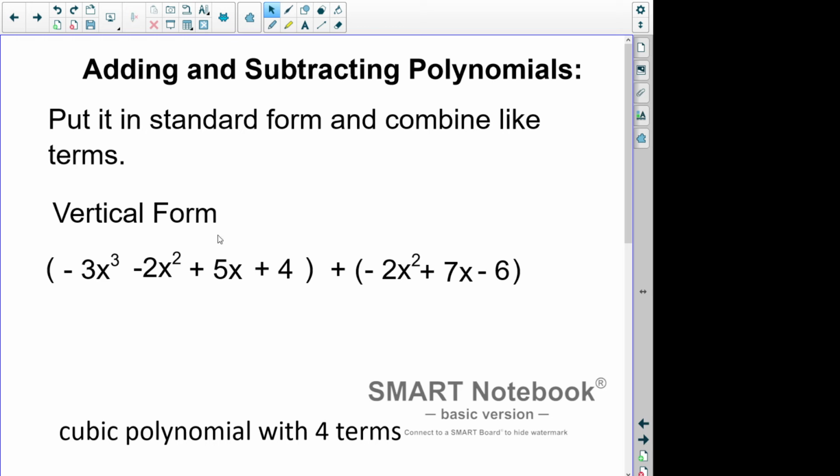One is what's called the vertical form, and all that means is you just line up the terms vertically. So if I were to add these together in vertical form, I would just line up all my cubic terms, line up all my quadratic terms, linear terms, and so forth. So I don't have any other cubic terms, but I have another squared term there, quadratic term. Line those up, line up my linear terms, line up my constant terms, and then I would just add those together.